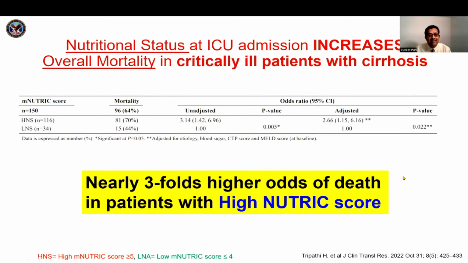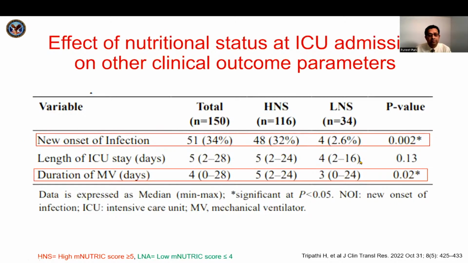Very important, nutritional status at the time of admission increases overall mortality in critically ill patients with cirrhosis, with nearly threefold higher odds of death in patients with a high NUTRIC risk score. So certainly it gives a very strong predictive value, as well as targeting a population at higher or immediate need for nutritional support.